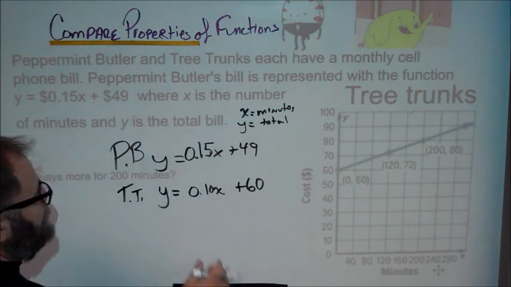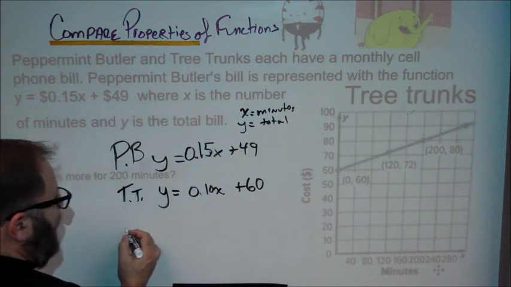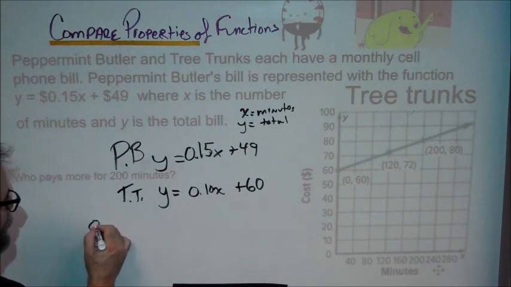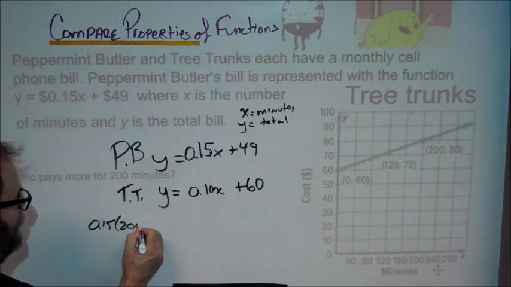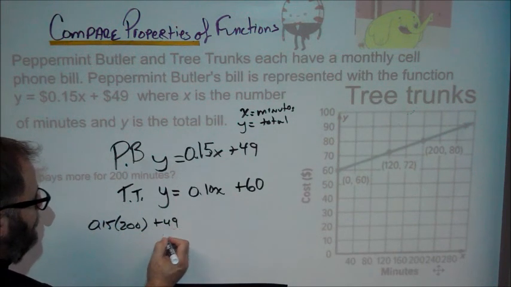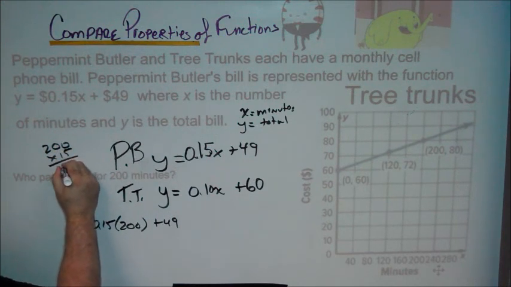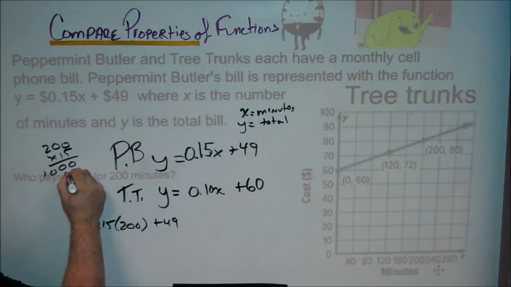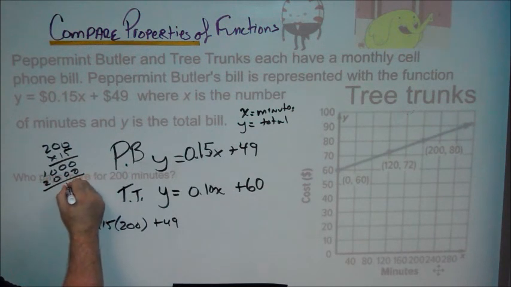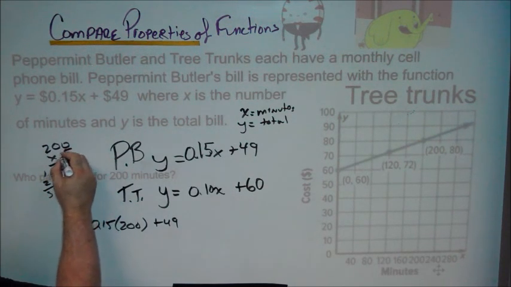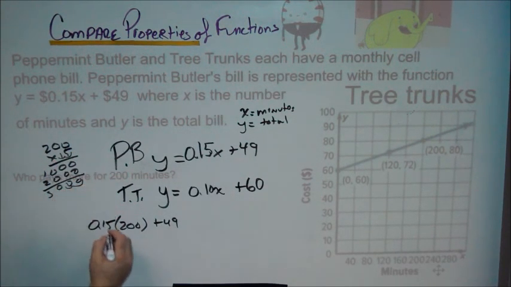So let's see. Let's do Peppermint Butler first. I've got 0.15 times 200 plus 49. All right, some side math. 200 times 0.15, that's 30.